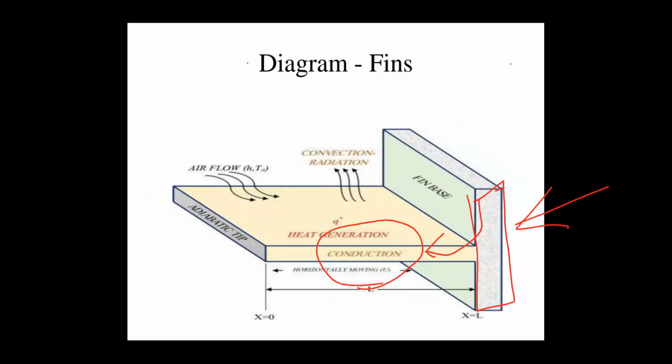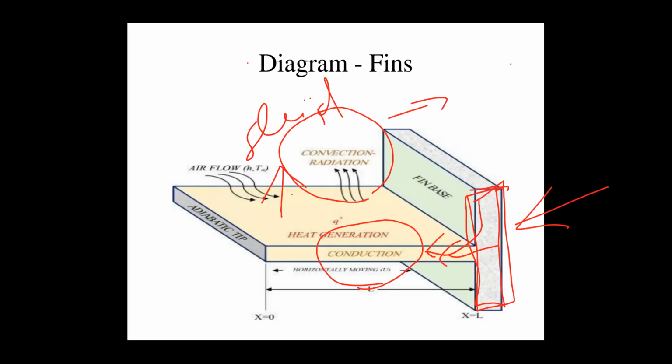So heat is transferred first to the fin base, a solid to solid conduction. Then there are convection and radiation, so all three modes of heat transfer are combined or related with transfer of heat from solid to fluid medium. I already told you that heat transfer from solid to fluid medium is convection.